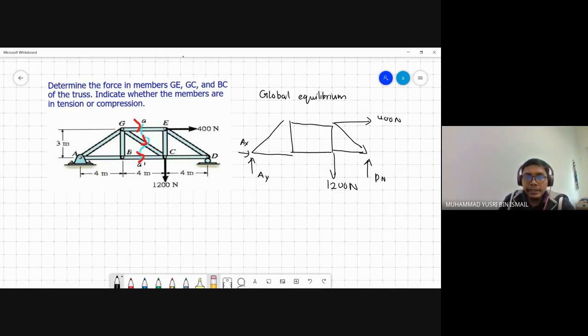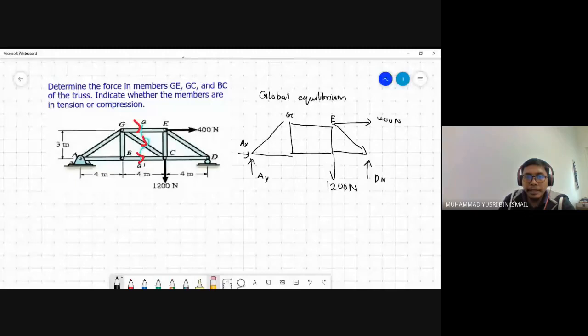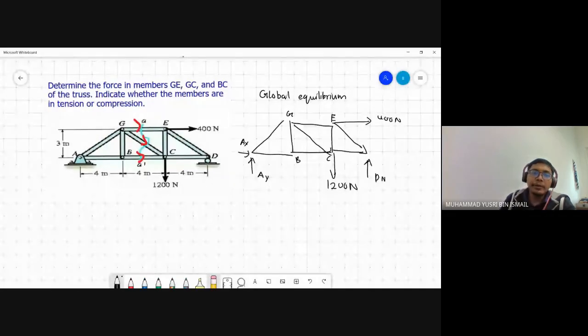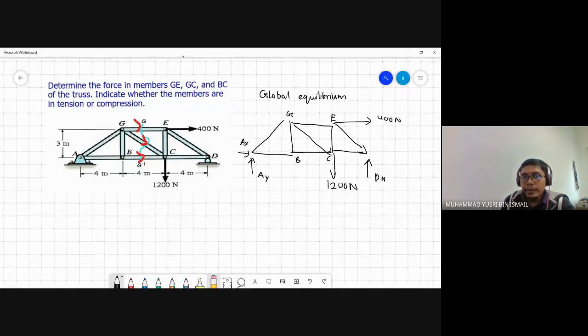This is G, E, B, and C. In order for us to calculate GE, GC, and BC, we need to determine this support reaction.